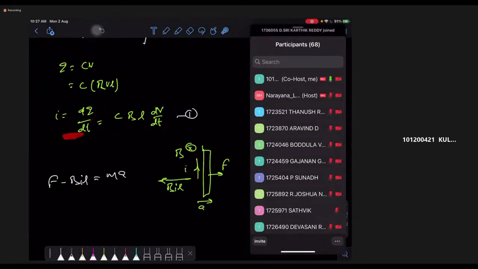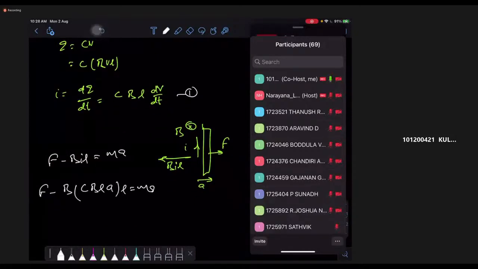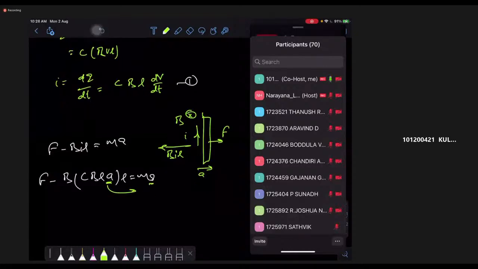So you get the charge on the capacitor CV, and then differentiate the charge, that will give me the current. This dV by dt is basically my acceleration. So you have B, current is CBLA, MA. So this side is acceleration, here is an acceleration. You can take it on one side, and that will give me the answer here.